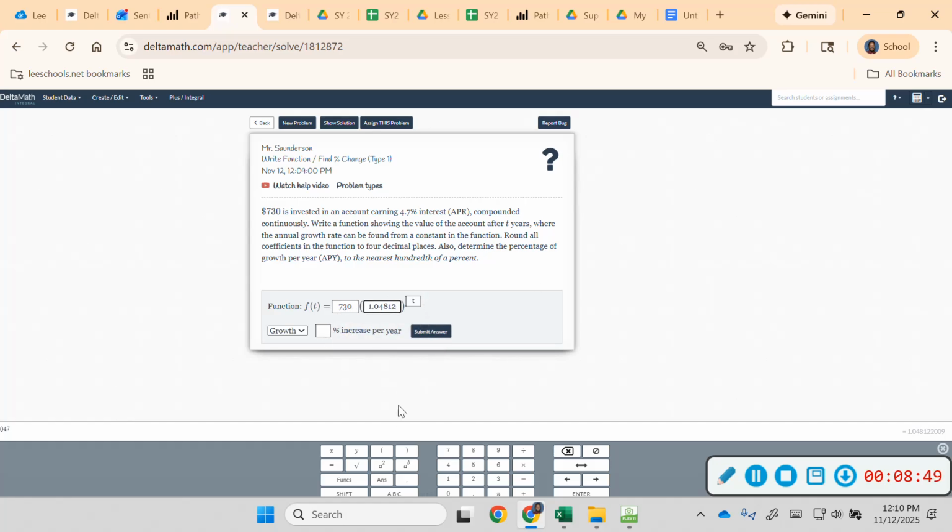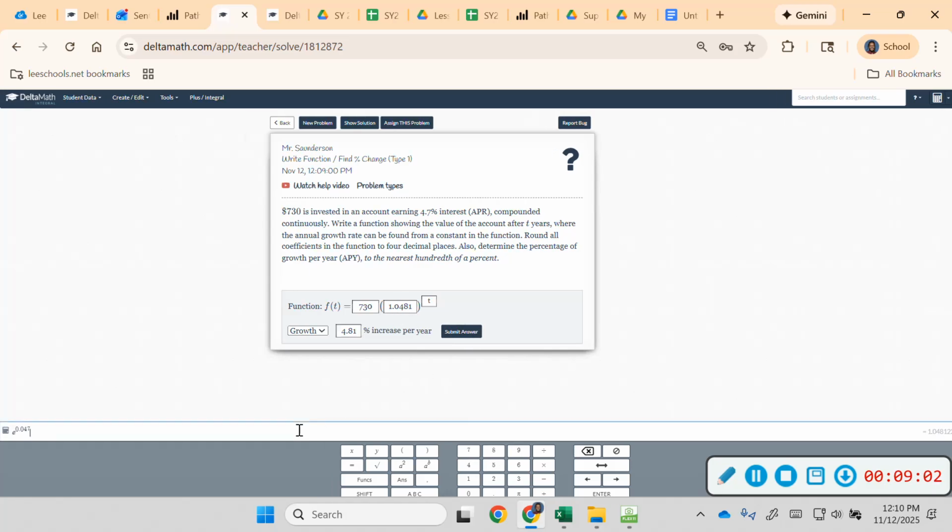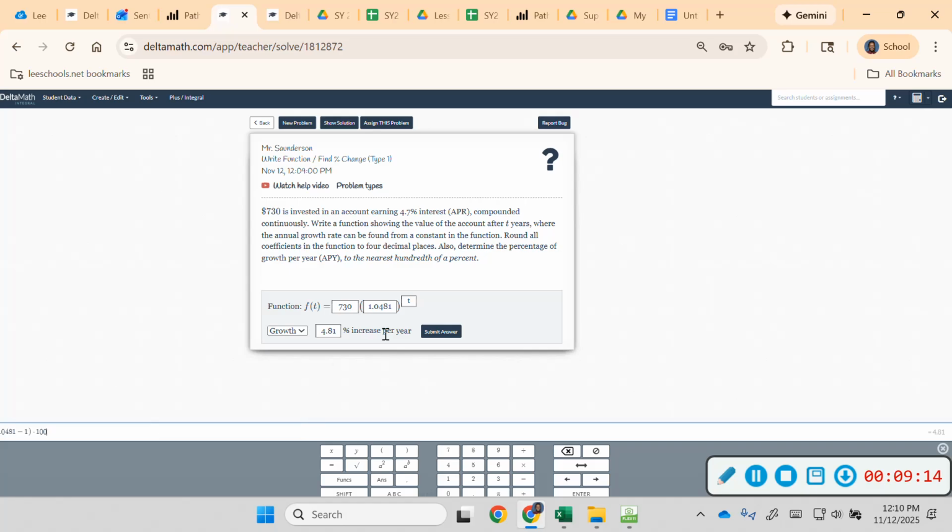Okay, so then I round it, so the 2 does not round up, so I get rid of that 2, and then it's growing by 4.81, because again this is bigger than 1, and I just do 1 minus the number and multiply by 100. So again, if you wanted to put it in your calculator, you could do 1.0481 minus 1, multiply by 100, and I get that same amount that I put in the parentheses.